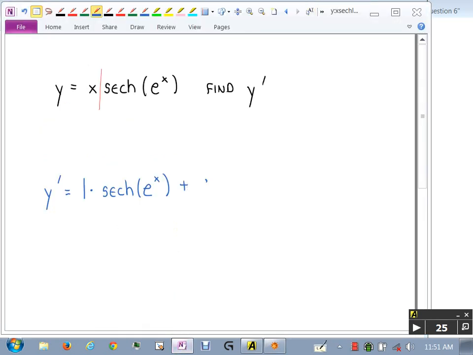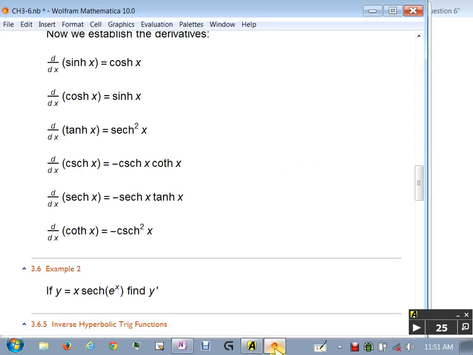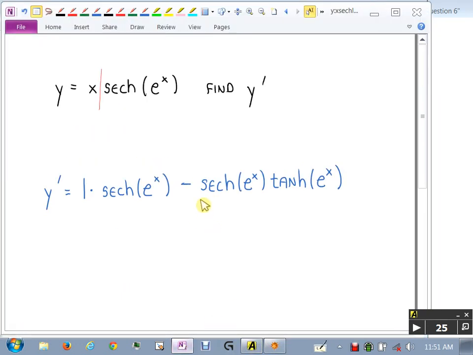So it's going to be negative secant hyperbolic e to the x, tangent hyperbolic e to the x. So that's the derivative of secant hyperbolic of something, right? Forgot my negative.